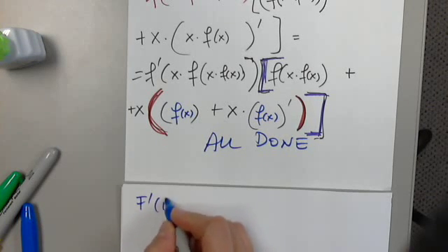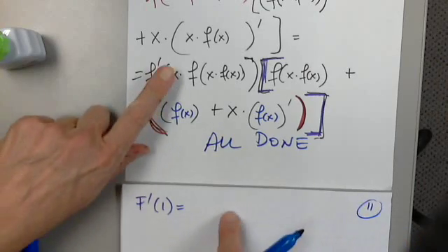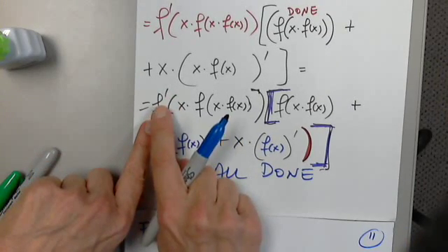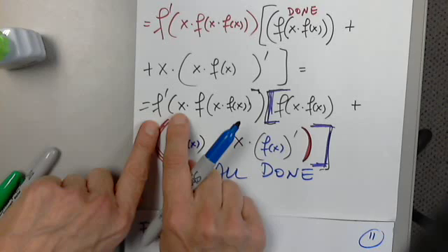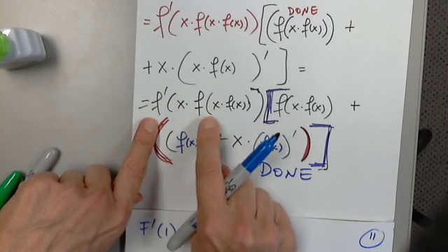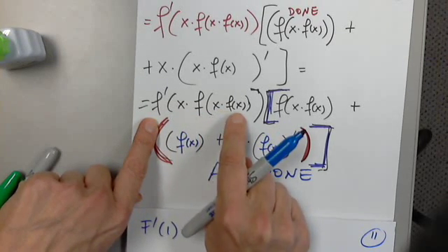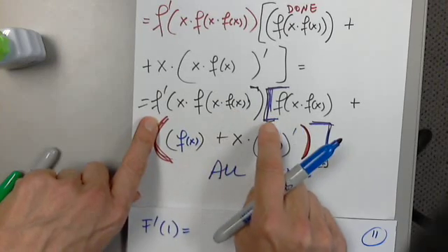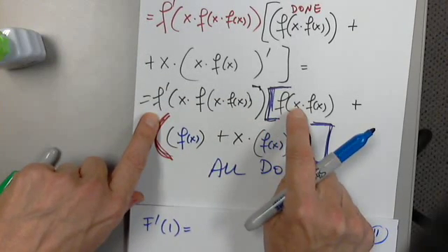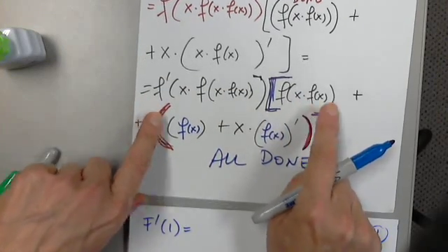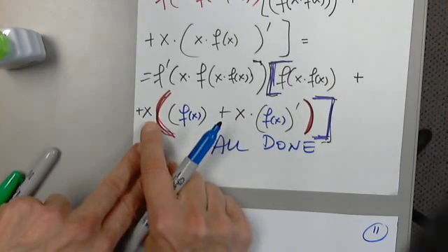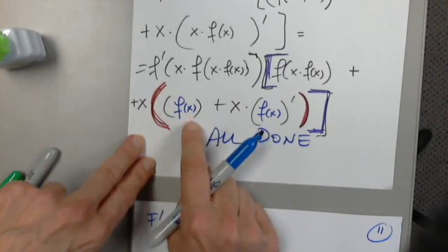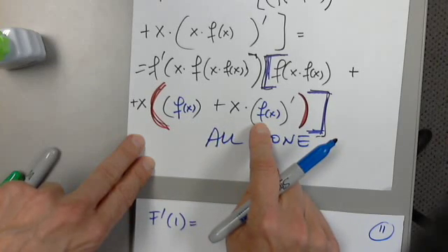I can figure out f prime of 1. Okay, so what is f prime of 1? It is f prime of 1 times f of 1 times f of 1, bracket f of 1 times f of 1 plus 1 times f of 1 plus 1 times f prime of 1.